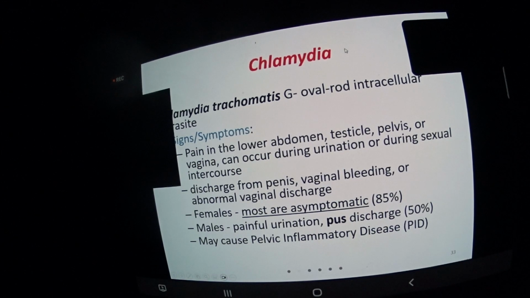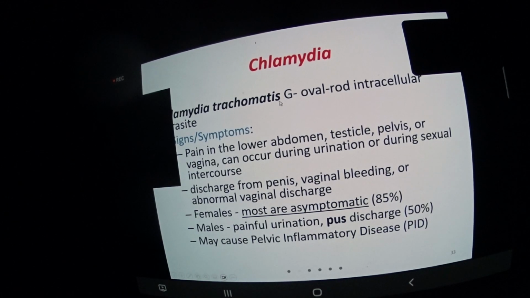So chlamydia, gonorrhea and chlamydia, they're the two that constantly compete as the top STI of the United States. CDC actually believes chlamydia tops gonorrhea because the majority of the individuals, males and females, are absolutely asymptomatic. So they don't report, they don't know.